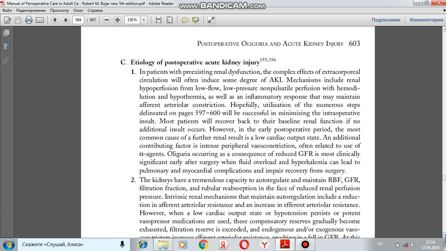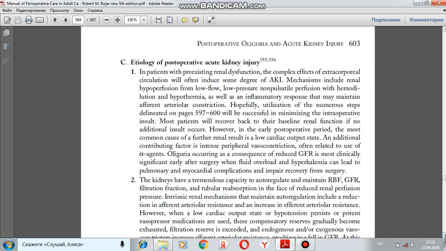Mechanisms include renal hypoperfusion from low flow, low pressure, non-pulsatile perfusion with hemodilution and hypothermia, as well as an inflammatory response that may maintain afferent arteriolar constriction. Hopefully, utilization of the numerous steps delineated on pages 597 to 600 will be successful in minimizing the intraoperative insult.